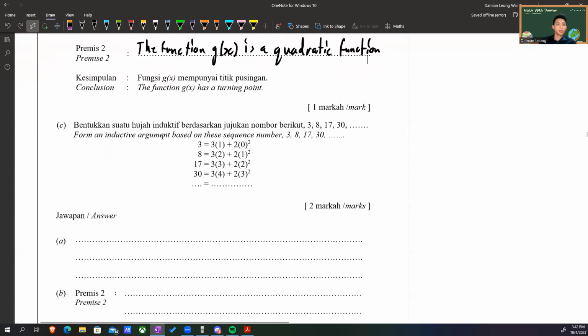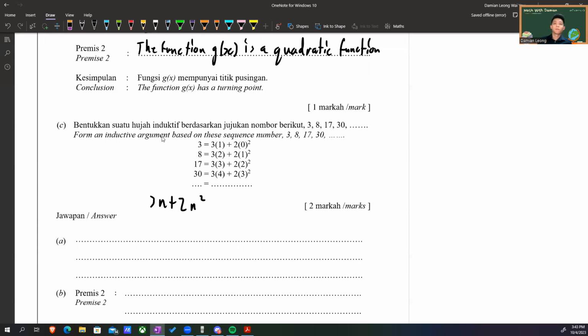And then part C, inductive argument. Form an inductive argument here based on this sequence of numbers. It already shows you the pattern, but this one is 1, 2, 3, 4, and this one is 0, 1, 2, 3. So I cannot put 3n plus 2n squared. It doesn't work like that because this one starts from 1, this one starts from 0.